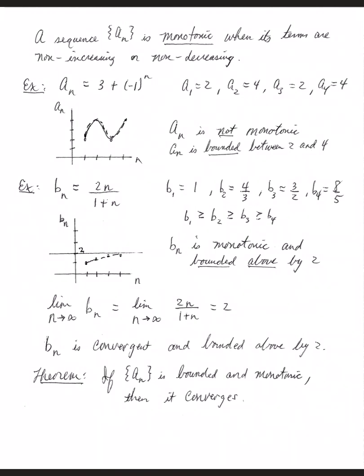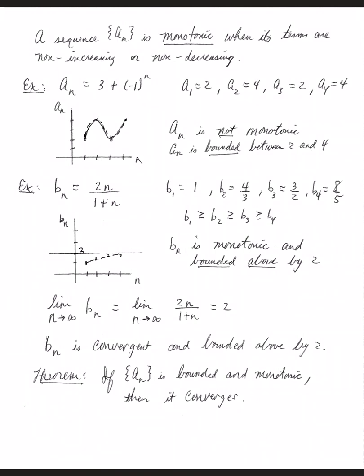Now I'm going to casually mention some vocab along the way. When n is 1, a sub 1 is 2. When n is 2, a sub 2 is 4. But then you drop back down to 2, back up to 4, alternating 2s and 4s.